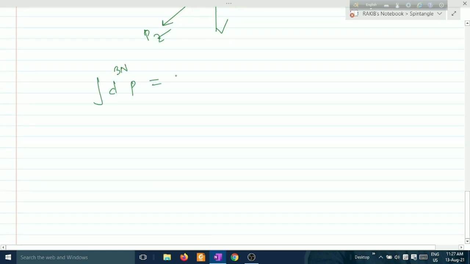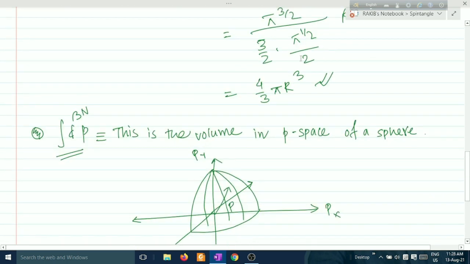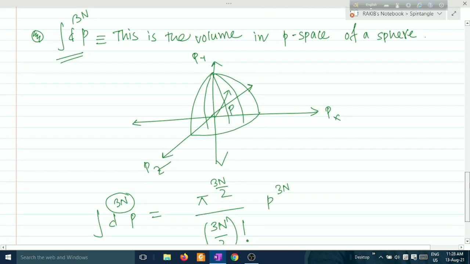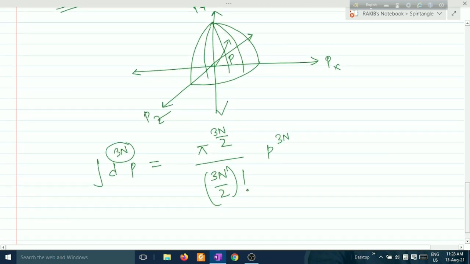Therefore I can write this volume d3np as, from the general formula, pi to the power 3n by 2, because the dimension will be 3n for n particles, and in the denominator 3n by 2 factorial, and here it will be p to the power 3n, because the radius in case of momentum space becomes p.